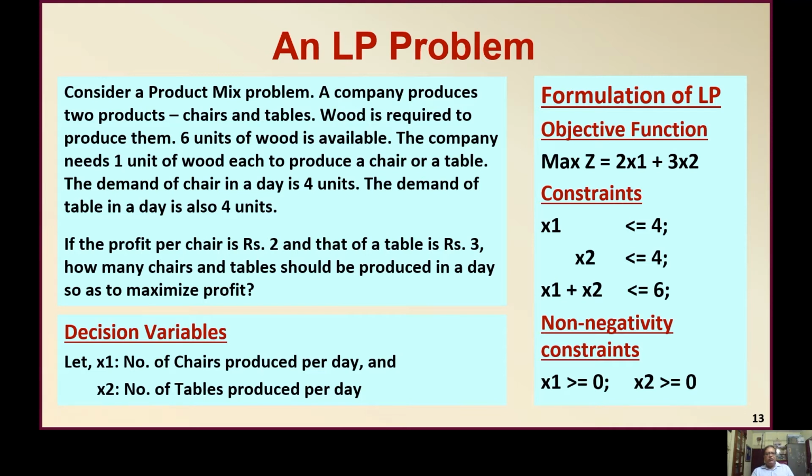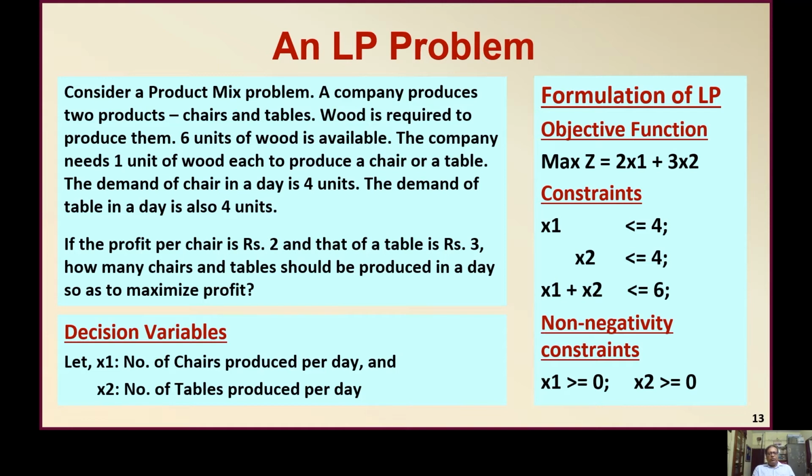Why x1 plus x2? Because to produce 1 unit of x1, we need 1 unit of wood, and the same thing for x2. So 1x1 plus 1x2, that is x1 plus x2, less than or equal to 6. We also added the non-negativity constraints, that is x1 greater than or equal to 0 and x2 greater than or equal to 0. So this is the first stage, the formulation of the particular problem.